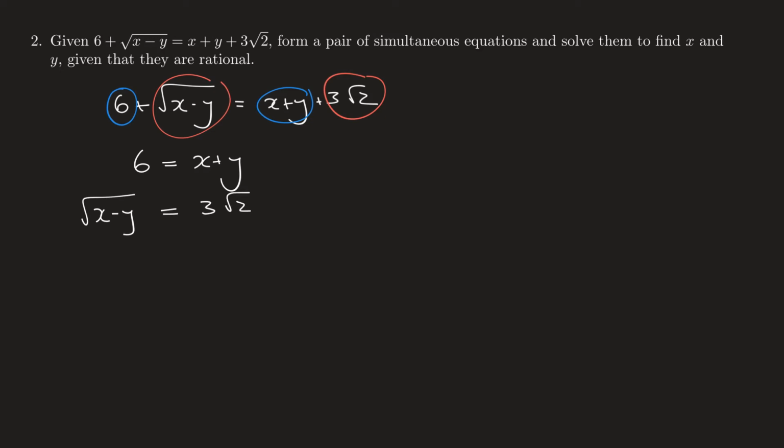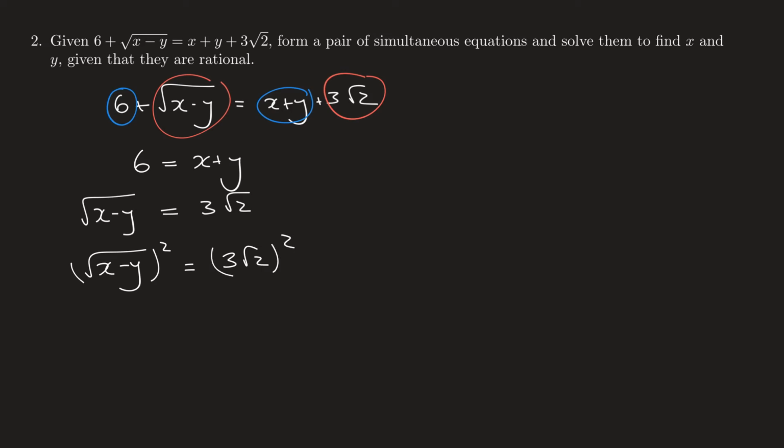Now, the equation which we just wrote, 6 equals x plus y, is nice and simple. It's your regular linear equation. But here we've got the square root, and that's not too easy to work with. So let's get it in a form that doesn't have a square root. We can do that by squaring both sides. The left side is all to the power of 2, and we need to do that to the right side.